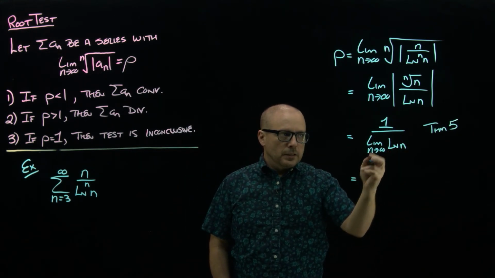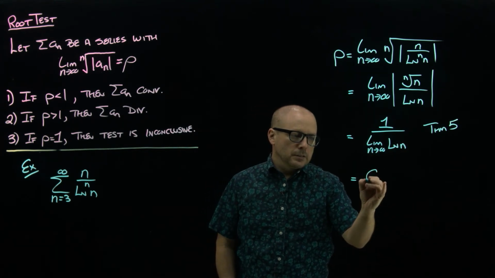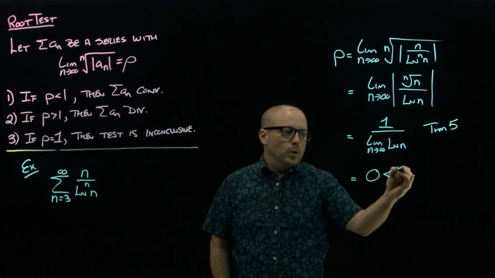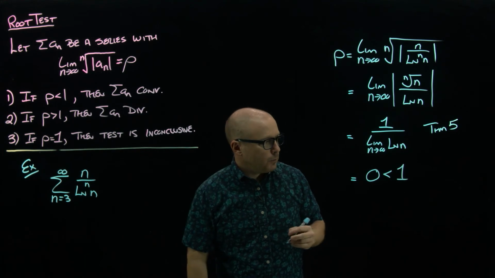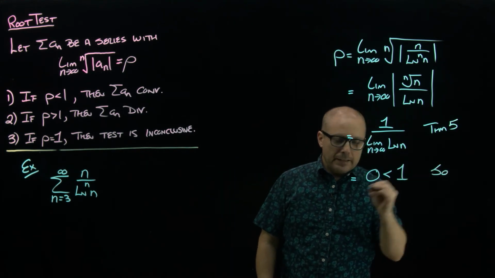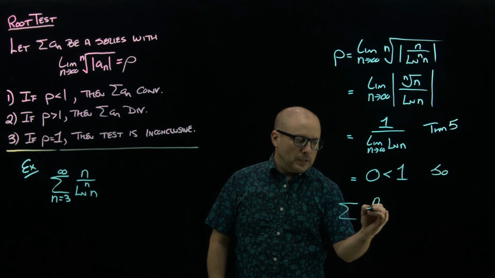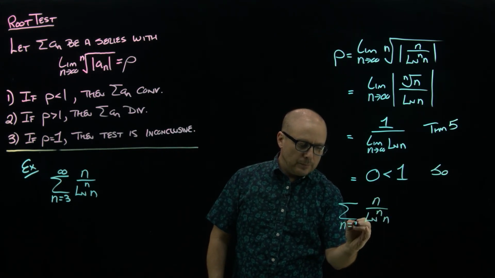So we have a non-zero constant over something going to positive infinity. That is 0, which is less than 1. Remember our criteria, we compare with 1. So that tells us then our series converges. And our series was n over natural log of n to the n from 3 to infinity.